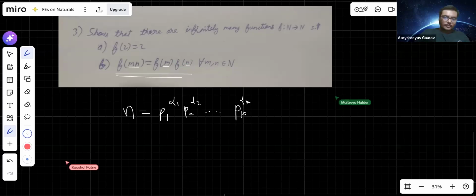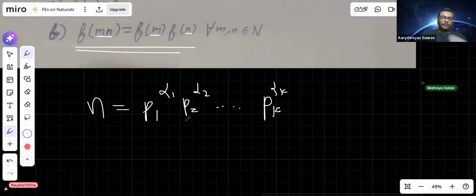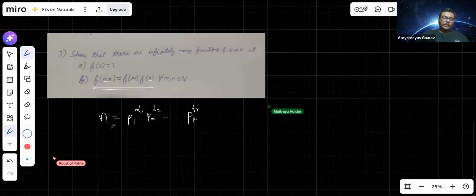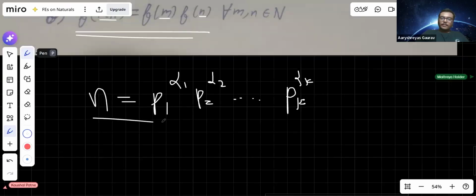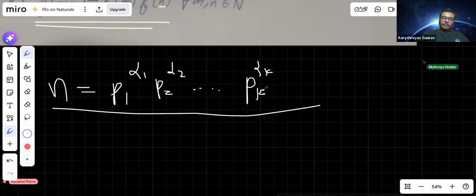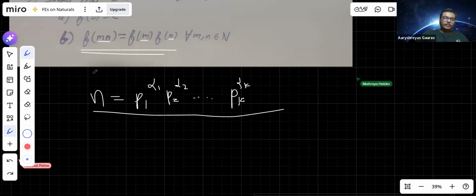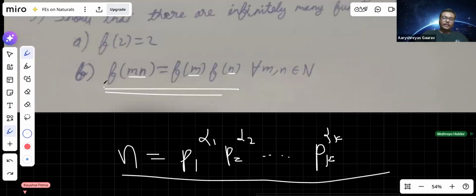So I'm back. The property of natural numbers which I want to tell you in this one is that we can always split a natural number into primes. And this becomes really useful when we have a condition which looks a lot like this.